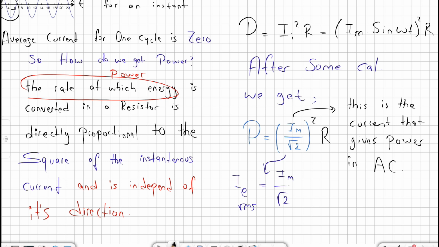So it is not the I max that gives us power in AC. It is I max divided by square root of 2, and we will call this the effective current. Now we can do some other calculations and get that the potential difference also has an effective or RMS value. It is the same, which is V max divided by square root of 2.